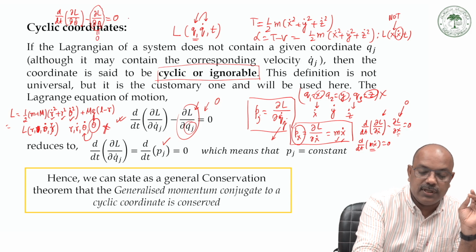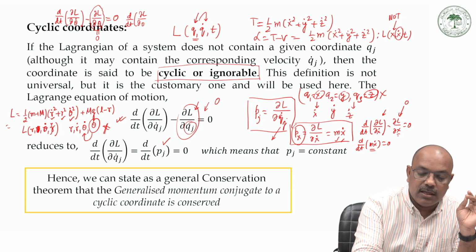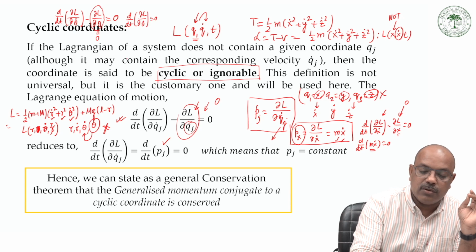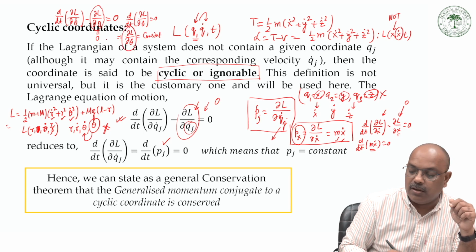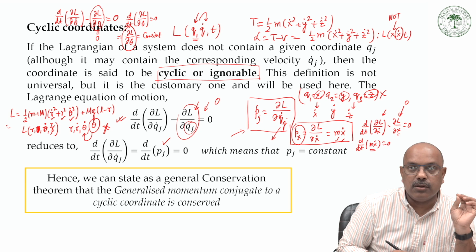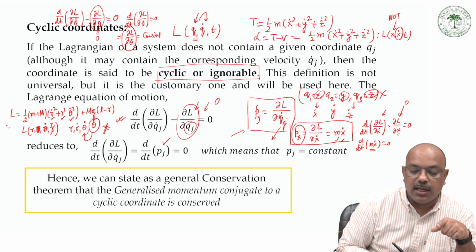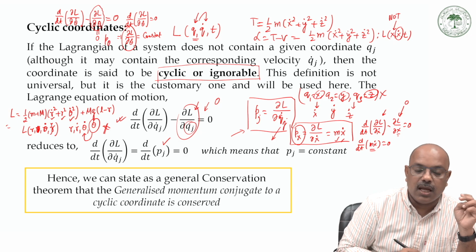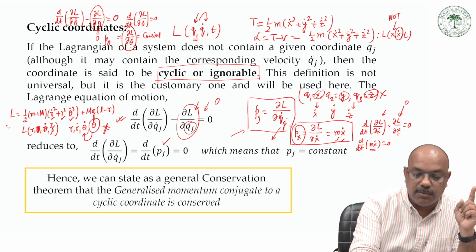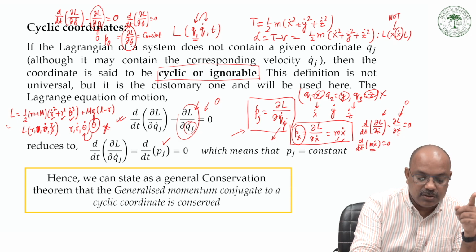So d/dt of delta L by delta theta dot equals 0, which means delta L by delta theta dot is constant. And delta L by delta theta dot, by the definition of the conjugate momentum, is the momentum corresponding to theta.